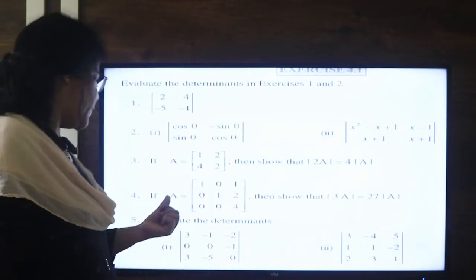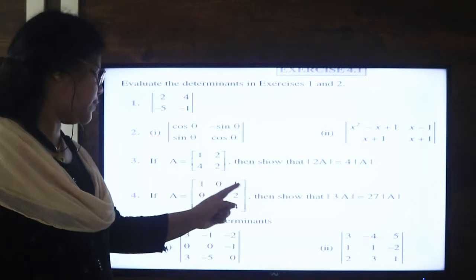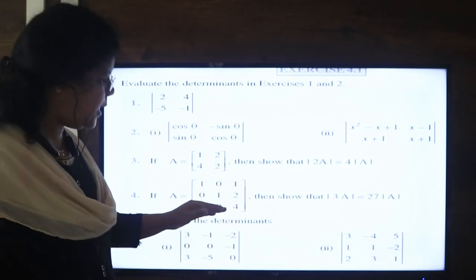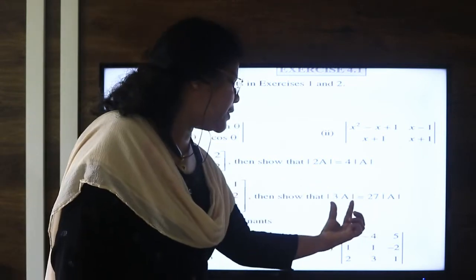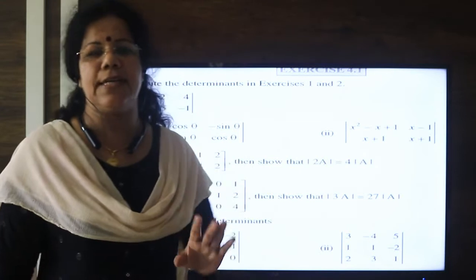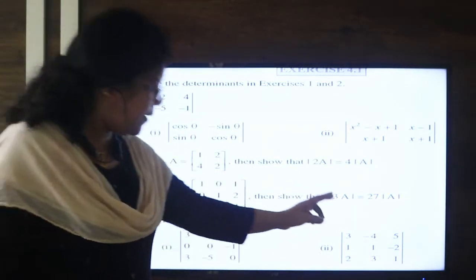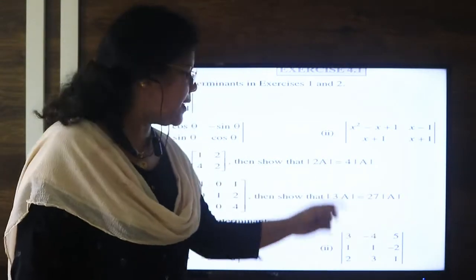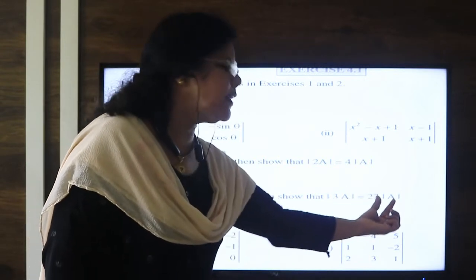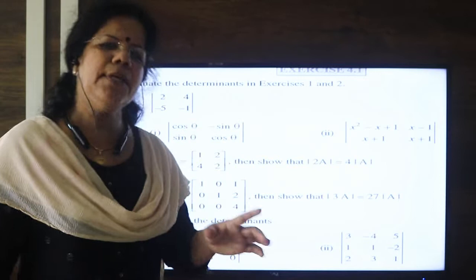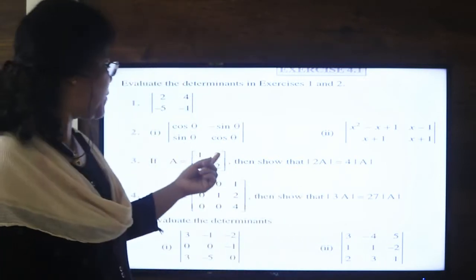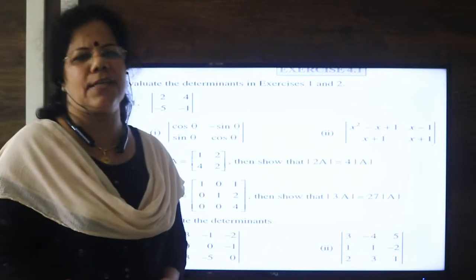Here we have to find 3A: 3, 0, 3, 0, 3, 6, 0, 0, 12. Again if you expand, the determinant of 3A will be, this you have to verify, because we have not studied any theorem and all now. Verify it directly. You can see, very interestingly, that determinant 3A is equal to 27 times determinant A. There will be some relation between this 3 and 27 according to the order of the matrix.